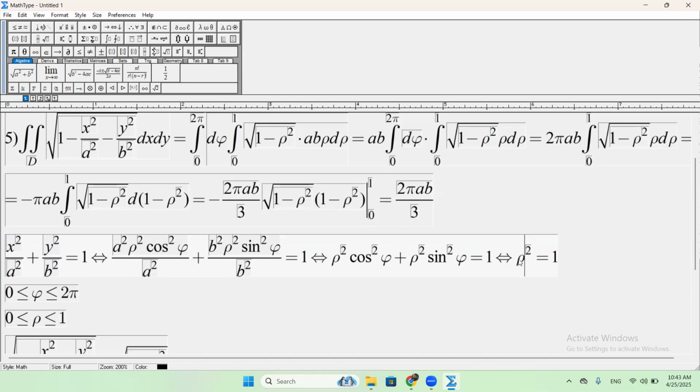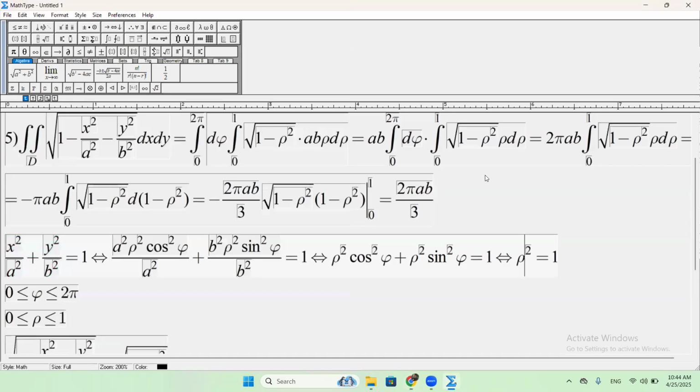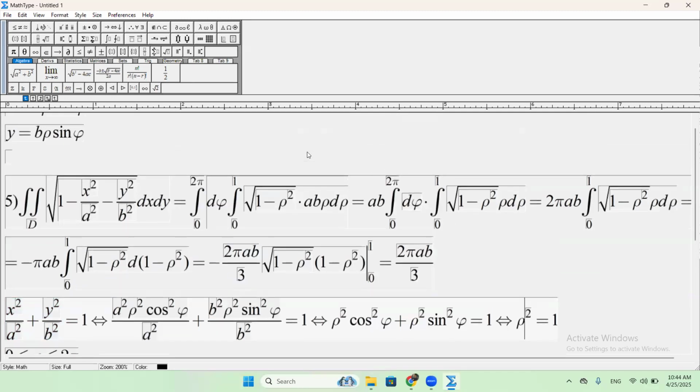No. Rho is a radius, so it cannot be negative. I understand, yes, thank you. It can be 0, but it cannot be negative. This is the idea of polar coordinates. More questions?